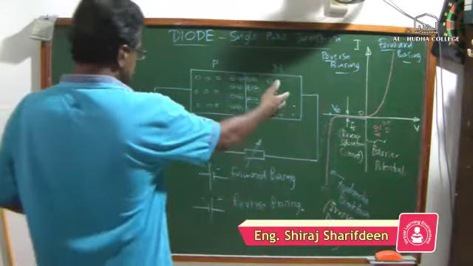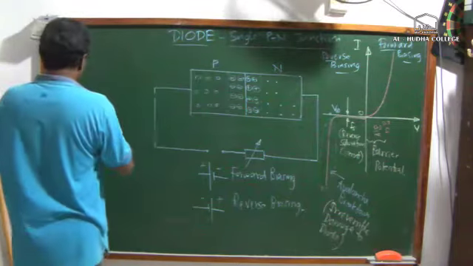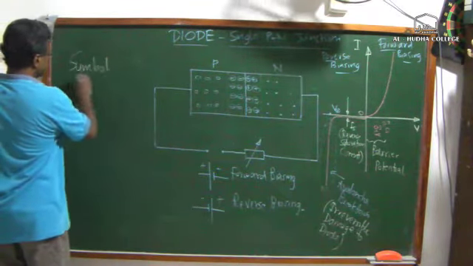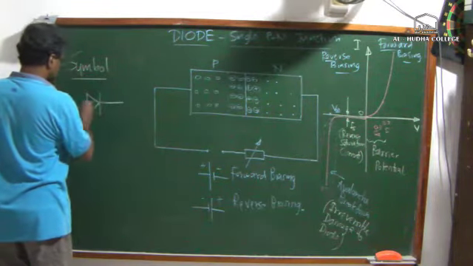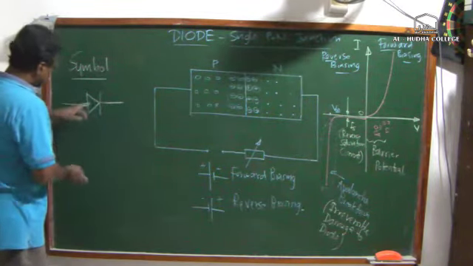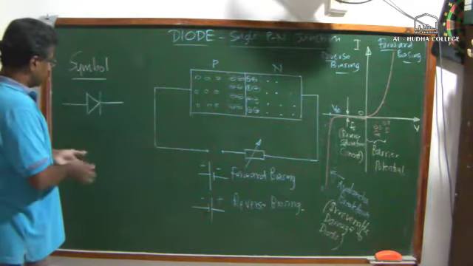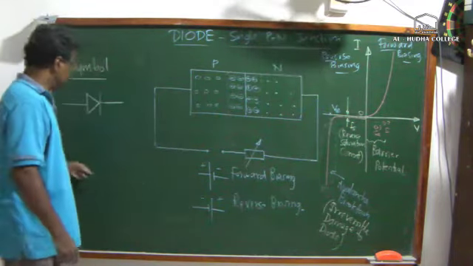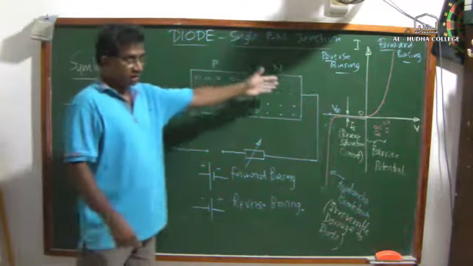And from these operations, now we can look at the symbol again. We said the symbol is something like this. We said this is the P type and this is the N type. Now you see, when you forward bias, the current always flows in this direction, from P type to N type.